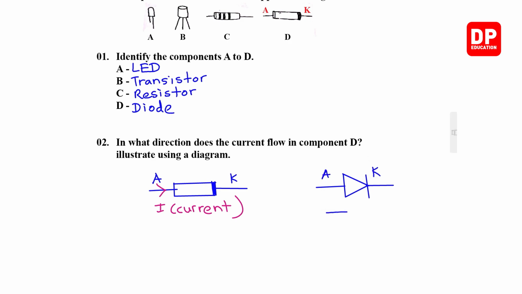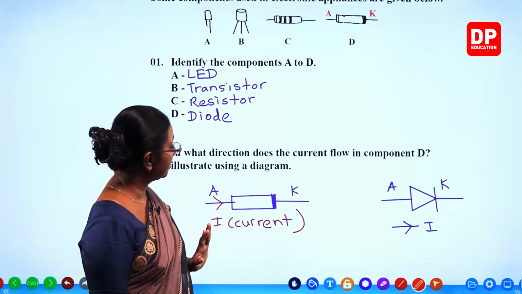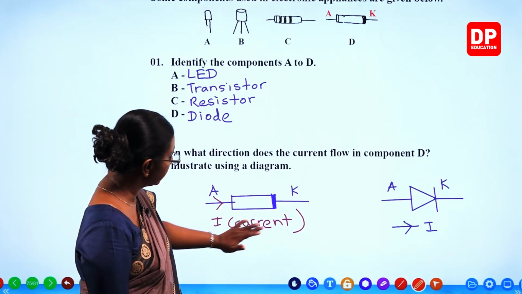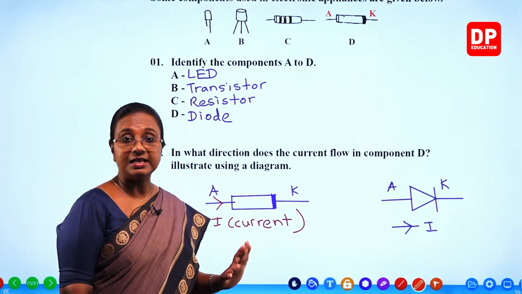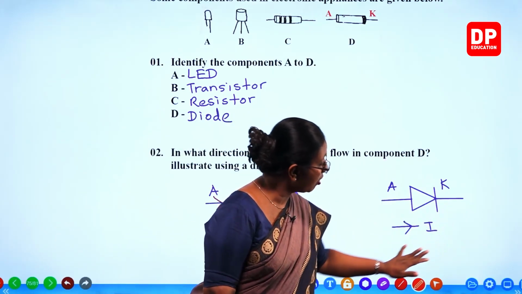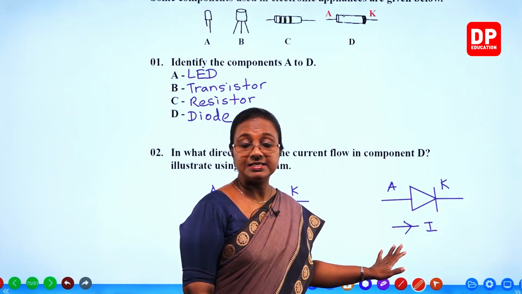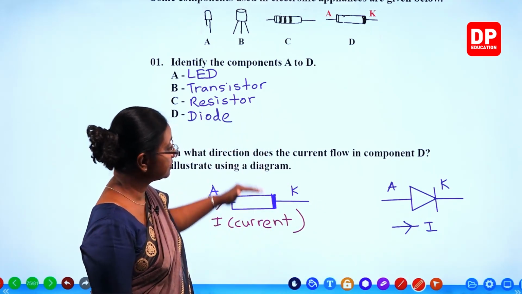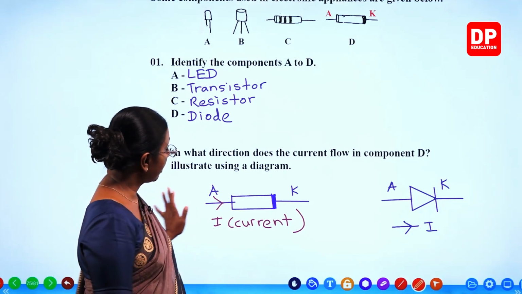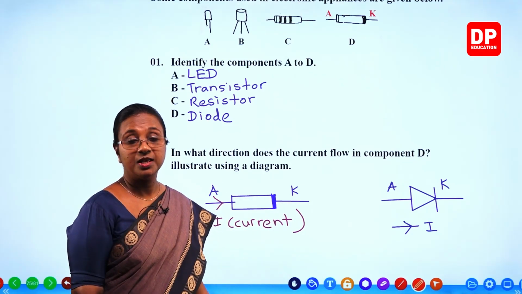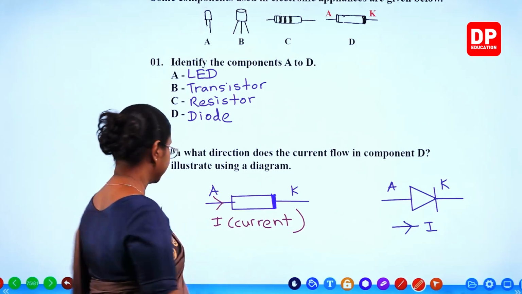The direction of the current flow will be this way, from anode to cathode, that is using the standard symbol. But here they have just said illustrate using a diagram, so we will use the component given here to illustrate it. Is that clear? So this is just for you all to recall how the standard symbol is used, but this is the answer to the question. Is that clear, student? So this is how current flows through a diode. With that, I'll move on to the next slide.